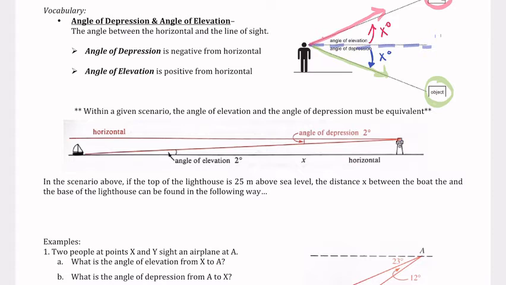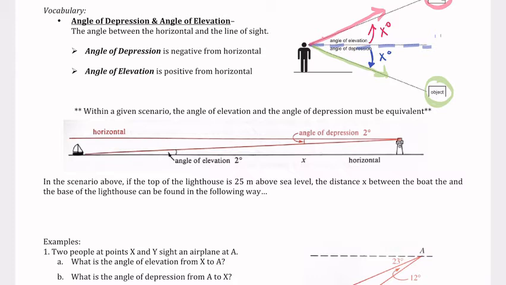So again, within a given scenario, the angle of elevation and the angle of depression must be equivalent. This is because if someone goes from their horizontal and adjusts their line of sight downward, and someone else goes from horizontal and adjusts their line of sight upward, these two measurements would have to match up.